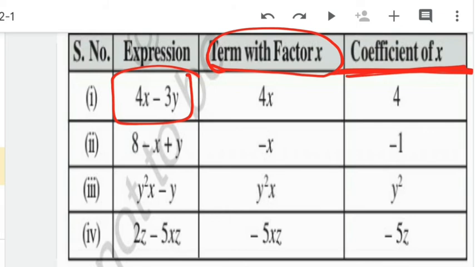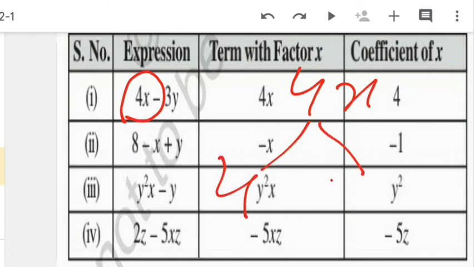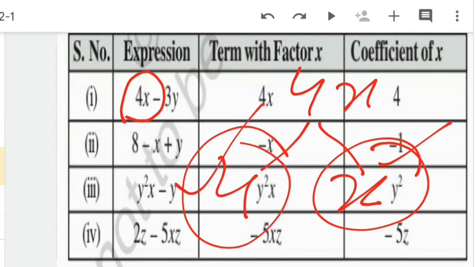In the second term we do not have x, so we will leave it. The only term we take is 4x. For 4x, the factors are 4 and x. We have to find the coefficient of x, so we leave x and the remaining factors will be its coefficient. That means 4 is the coefficient of x.